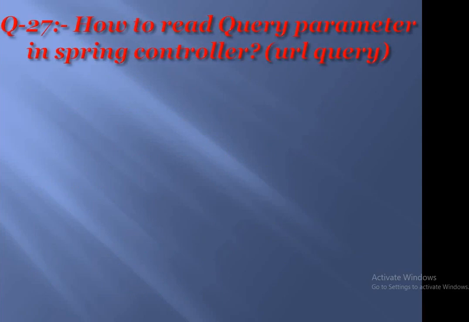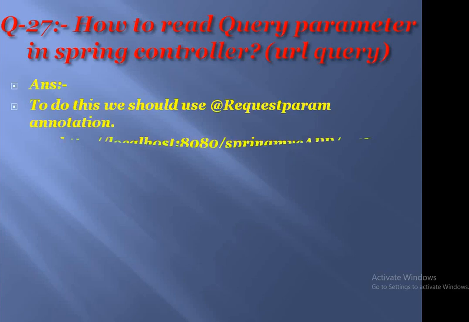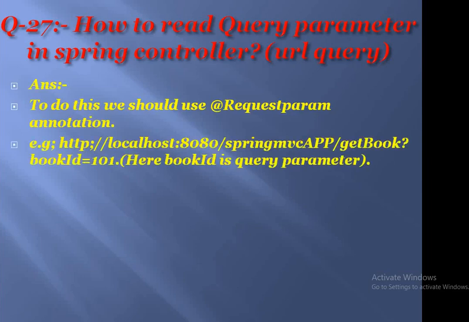How do we read a query parameter in a Spring controller? To do this, we should use the @RequestParam annotation. For example, http://localhost/springmvcapp/getBook?bookId=101. Here bookId is the query parameter.